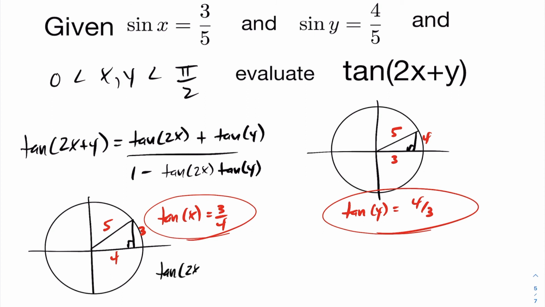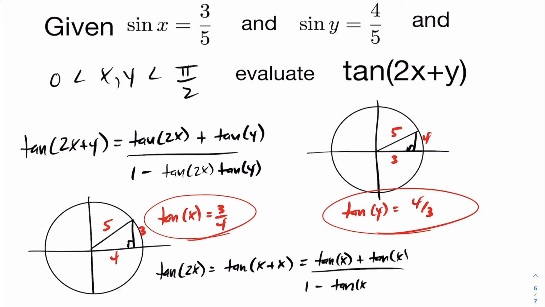Well, the tan of 2x is equal to the tan of x plus x, which using our x plus y formula, we know is going to break down to become the tan of x plus the tan of x over 1 minus tan of x times tan of x. Since we know that the tan of x is 3/4, this will end up being 3/4 plus 3/4 over 1 minus 3/4 times 3/4.